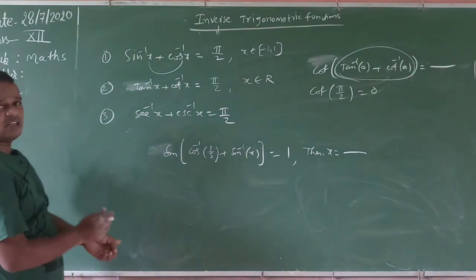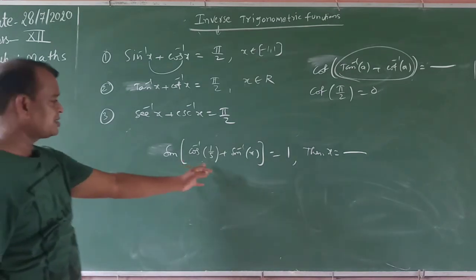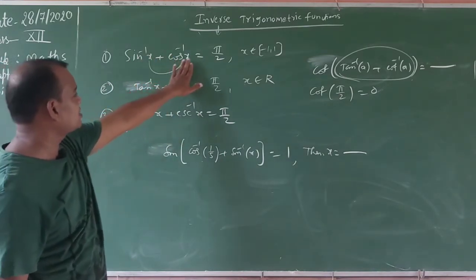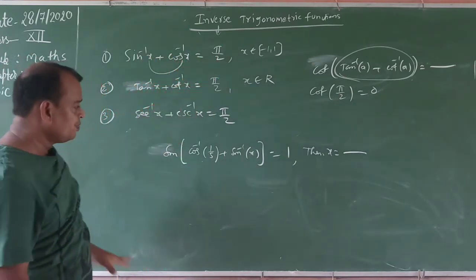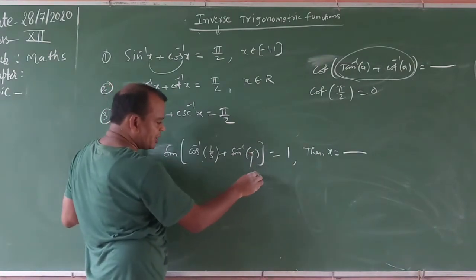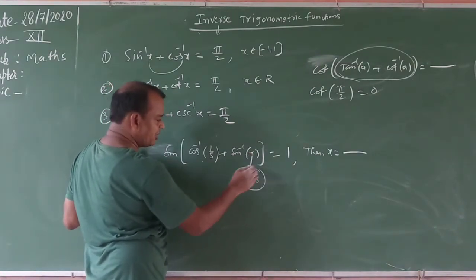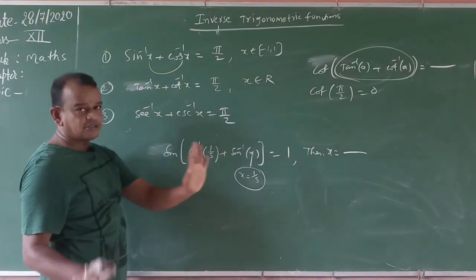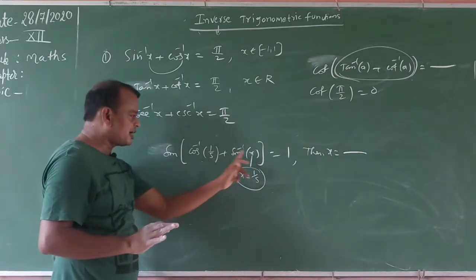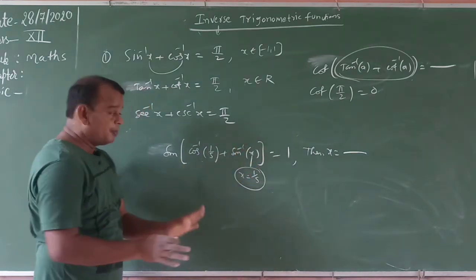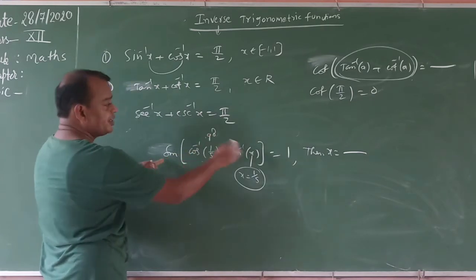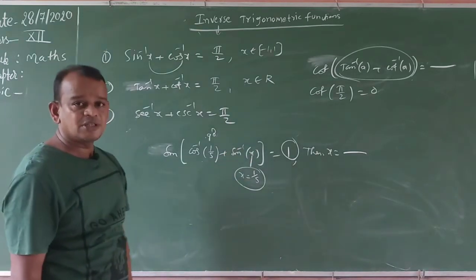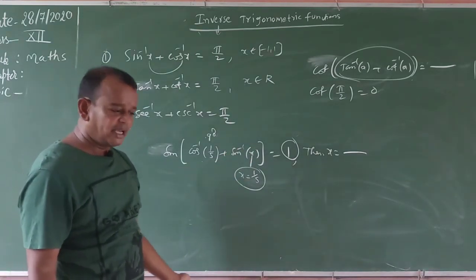You know the formula: cos inverse of x plus sin inverse of x is equal to 90 degrees. Suppose x value is 1 by 5, then this angle is 90 degrees, and sin 90 is equal to 1. Satisfied? Yes. That's why x is equal to 1 by 5.